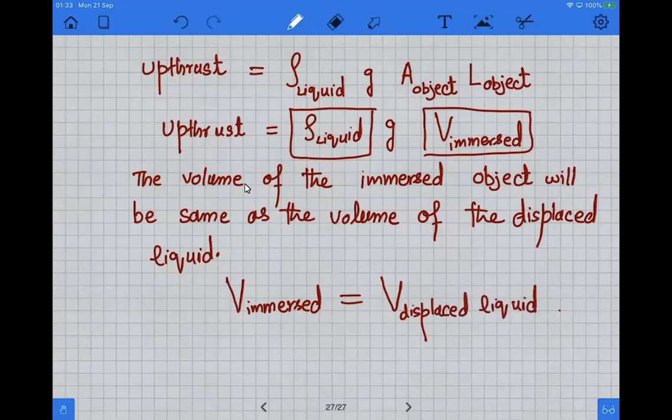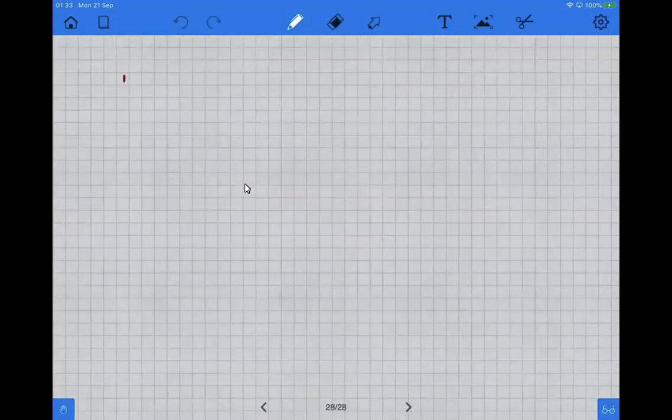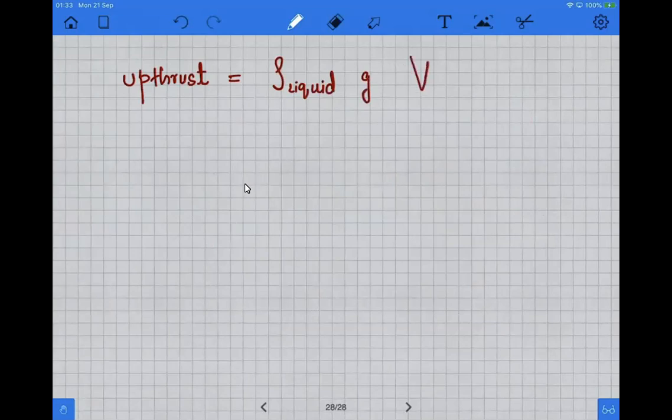So this formula could also be written as, when we write upthrust, upthrust is equal to density of the liquid into G into volume of the displaced liquid.